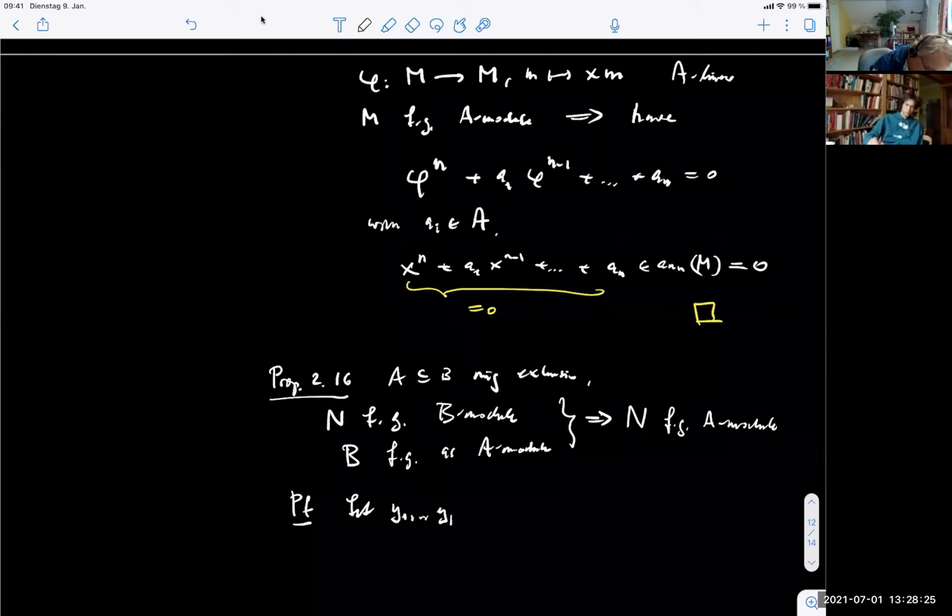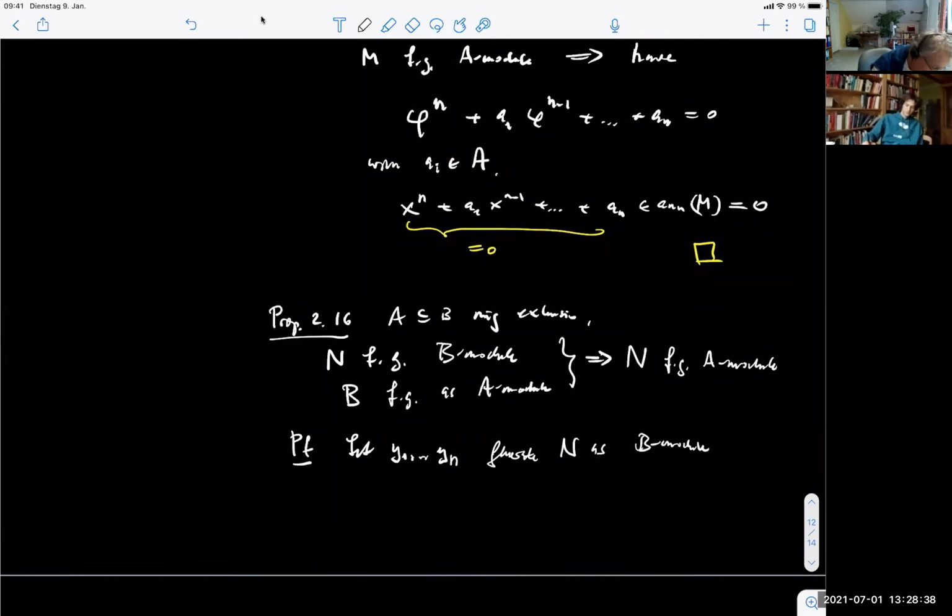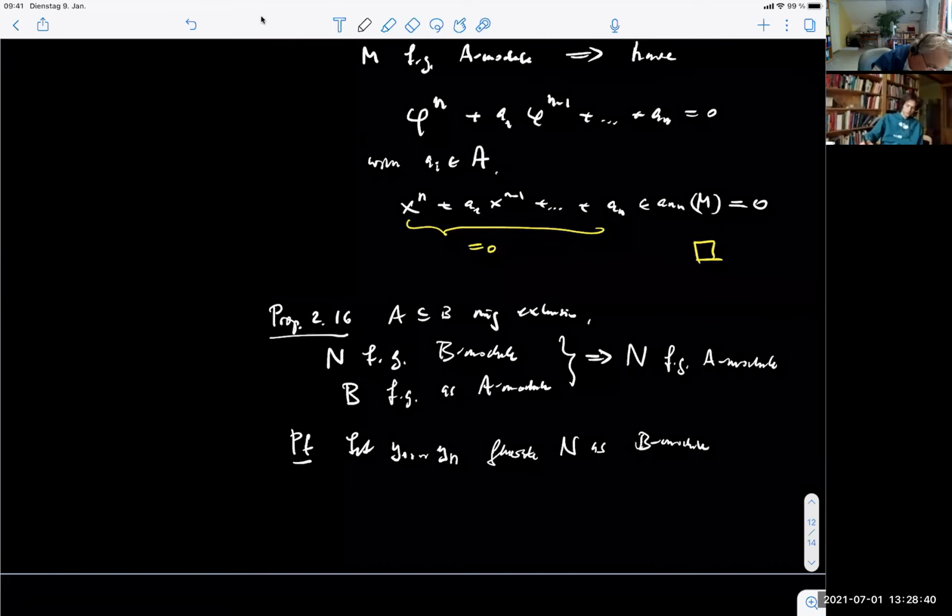They generate N as B module. And x1 up to xm generate B as A module. So the assumption tells me I have this.